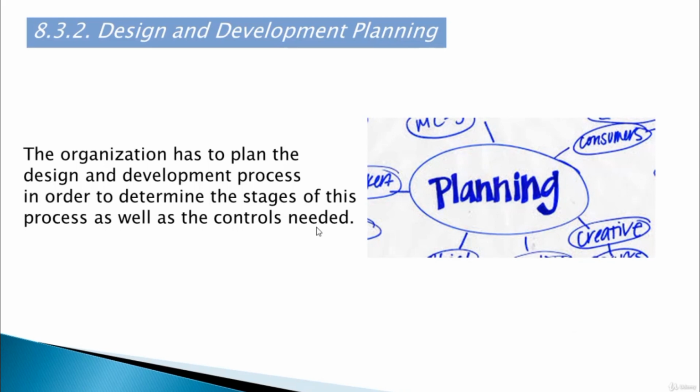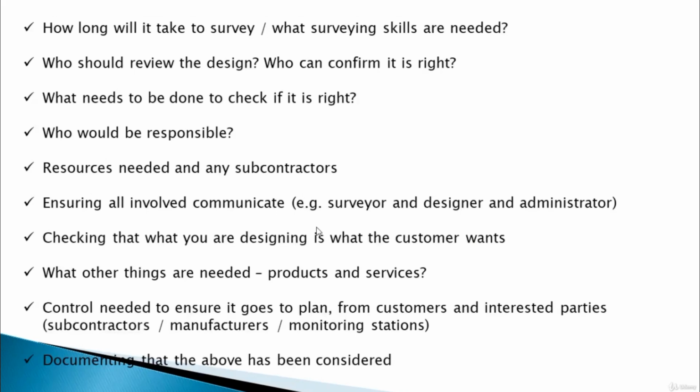Now, when planning the design and development process, a few things the organization has to take into consideration: how long will it take to survey, how long will it take to gather information and question, and what surveying skills are needed, and who should review the design, and who can confirm if it is right or not, and what needs to be done to check if it is right or not, and who would be responsible for all of that, and of course what resources are needed.